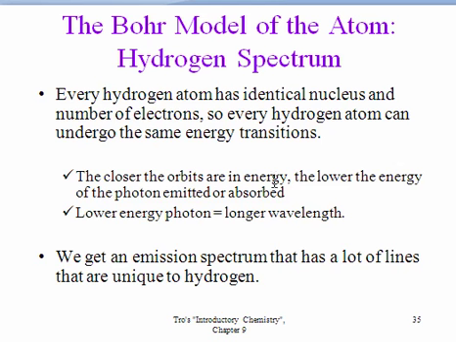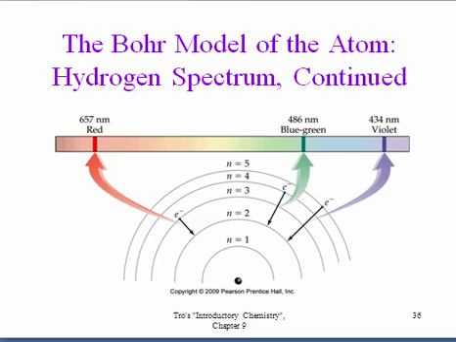The closer these energy levels are to one another, the lower the energy of the photon emitted or absorbed. And remember, a photon is a particle of electromagnetic radiation. A lower energy photon means a longer wavelength. And each element has an emission spectrum or an absorption spectrum that is unique to that element.